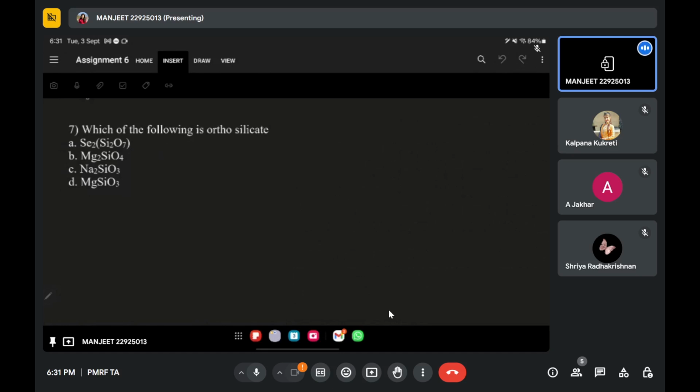In question number 7, it is asked which of the following is the orthosilicate. So the first thing is what are the orthosilicates, and now we have been given different kinds of silicates. So which of them will be the orthosilicate one?